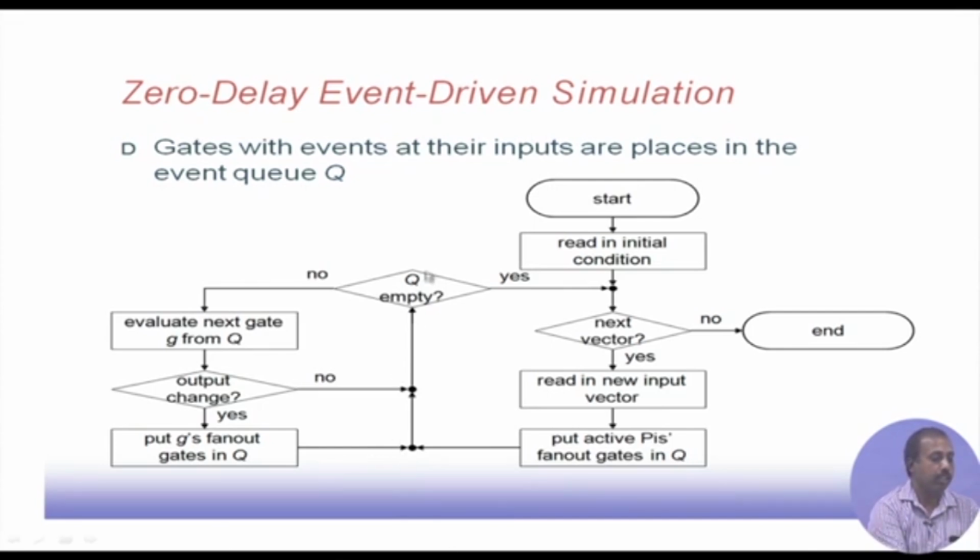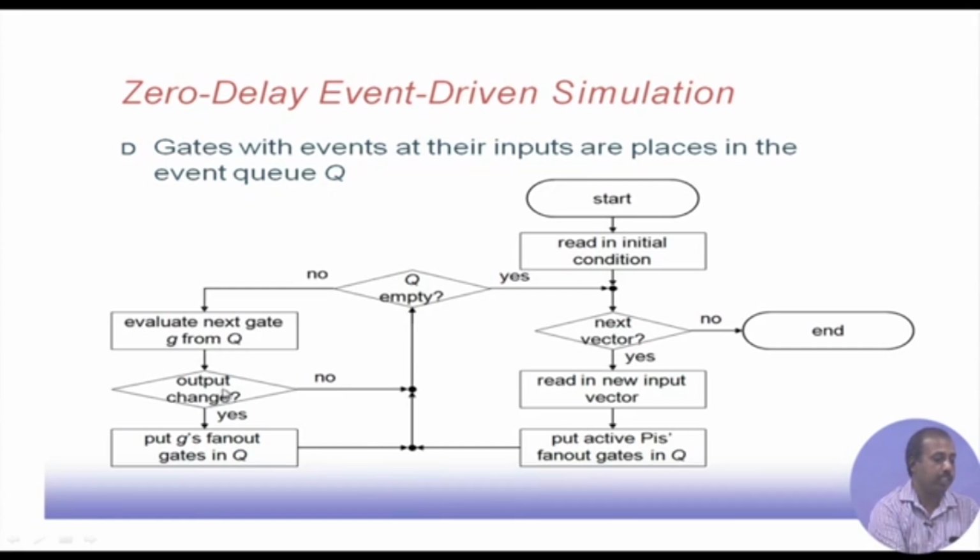Since a number of gates have been put into the queue, naturally the queue is not empty, so this check is false and it comes to this side.